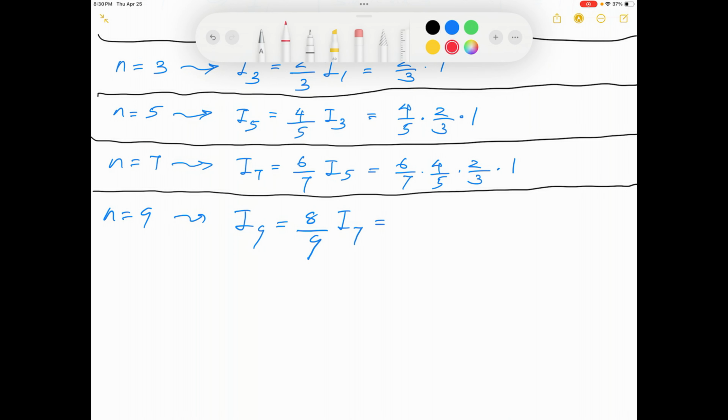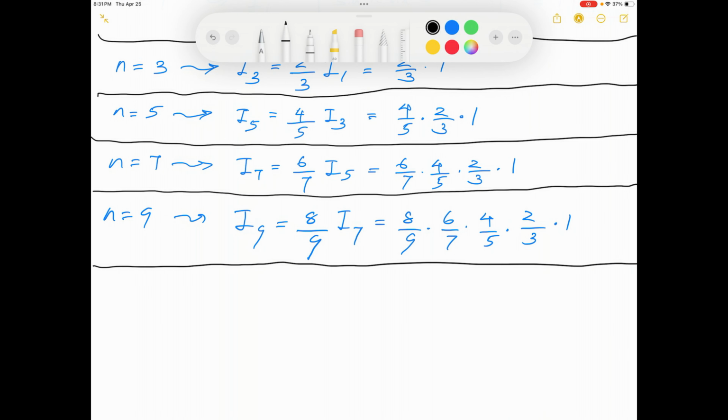I sub n minus 2, 9 minus 2 is equal to 7. And I sub 7 was shown to be equal to all of that in the previous step. So we're going to go ahead and use them. So this answer should be equal to 8/9 times 6/7 times 4/5 times 2/3 times 1.